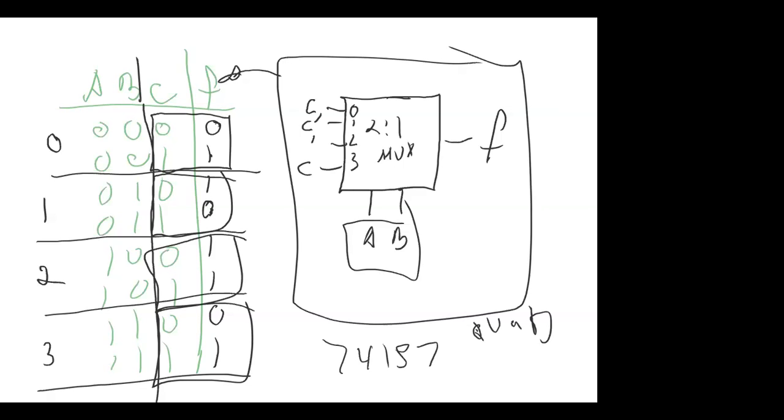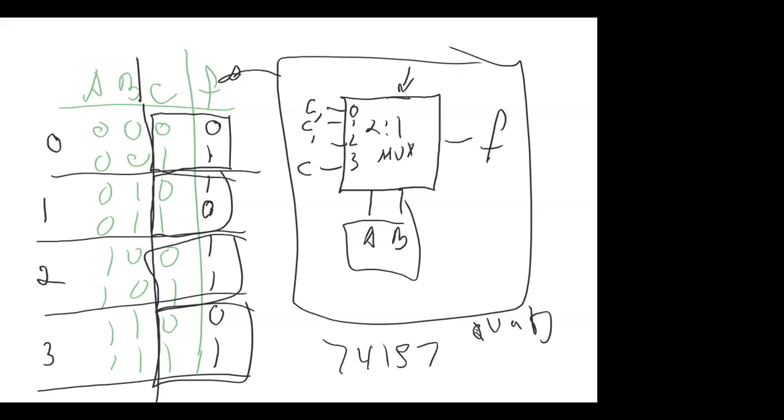That's a quad 2-to-1 MUX. So in other words, there's 4 of these things in one dual inline package. That's 16 pins. Who got confused by this?